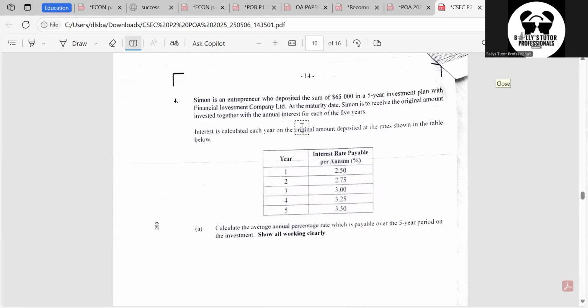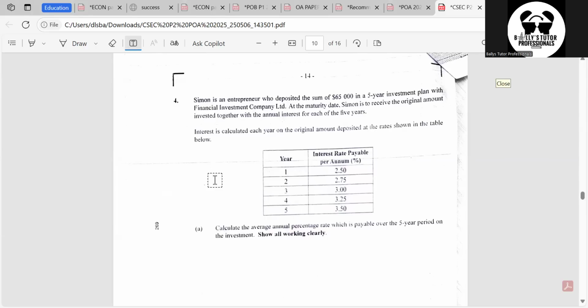Number 4 made a lot of people smile and a lot of people stay in anguish because it would have looked very unfamiliar. It's not something difficult to calculate. It's just that if you're not sure of the terminology, it may have thrown you off a bit. They said Simon is an entrepreneur who deposited the sum of 65,000 in a 5-year investment plan with Financial Investment Company Limited.